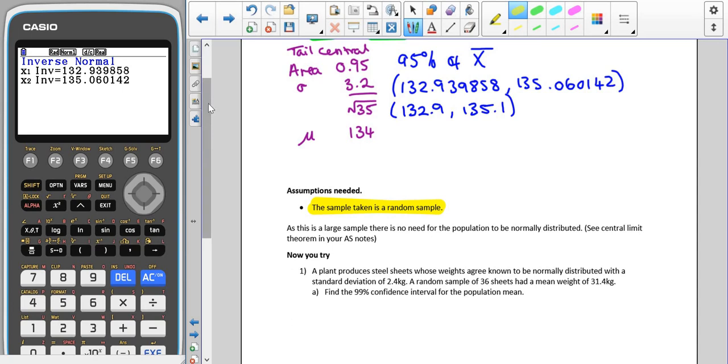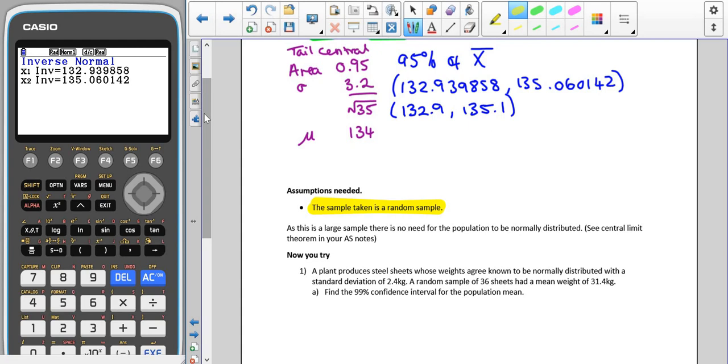And the reason for this is that if the sample that we take is not a random sample, then our confidence interval is not going to be valid, and actually it could be a lot different. The means of the other samples could be nowhere near the actual confidence interval that we have created.